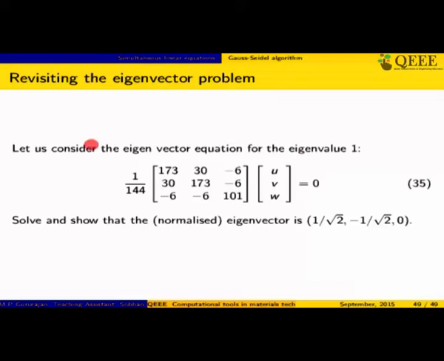Okay. So, please let me know if you are able to confirm that this is the eigenvector for the eigenvalue of 1. I think you can also make the algebra a little simpler by knocking off this 1 by 144. That is common to all equations. So taking it off means that you are multiplying all equations by 144. So that should not change anything.